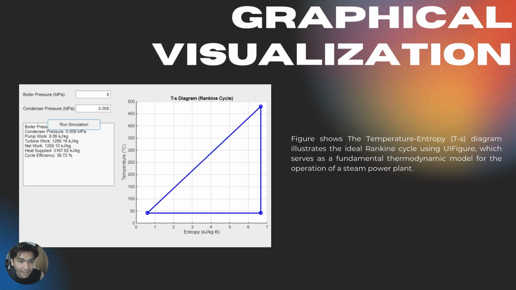In this diagram, we use the boiler pressure in megapascal, and the condenser pressure of 0.008 megapascal. In this diagram, we have found several variables, such as condenser, pump work, turbine work, net work, heat supply, and cycle efficiency.